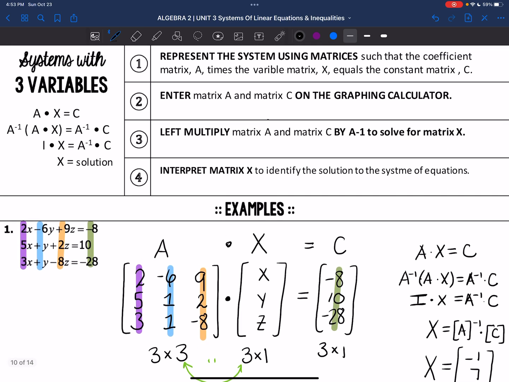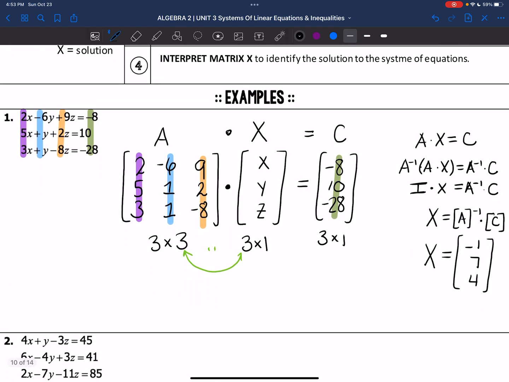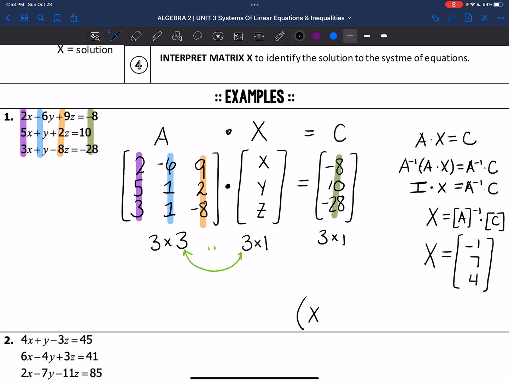So now we're on to our final step here. Now that we've done the left multiplying to solve for X, now we need to interpret matrix X. What this means is, like you can see here, -1 is our X value. So if you were to list these as coordinates X, Y, Z, the point of intersection for these three equations would be where X is -1, where Y is 7, and where Z is 4.